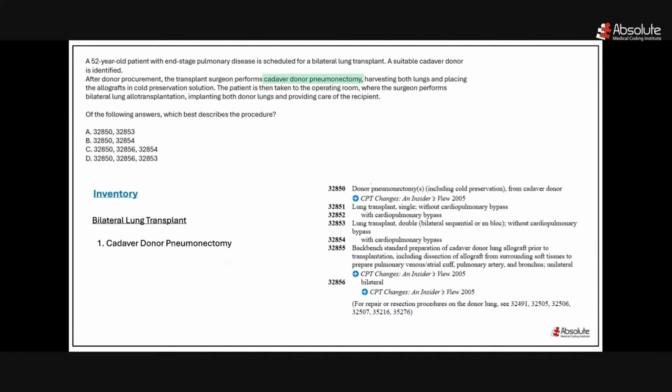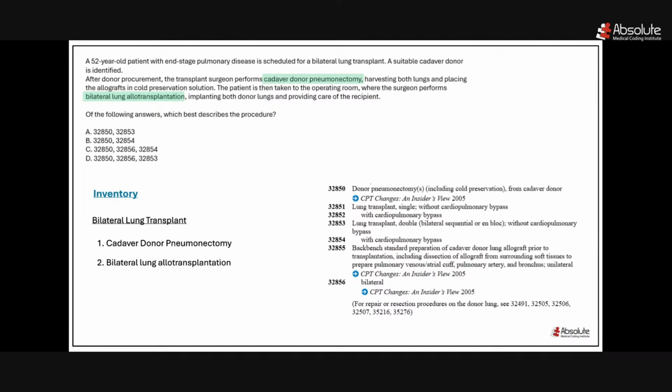What is the next procedure? The next documented procedure says that a bilateral lung allotransplantation was performed, right? After the cadaver pneumonectomy, harvesting of the lungs was done by placing the allograft in a cold preservation solution. Placing this in a cold preservation solution is already included in your donor pneumonectomy code, right? And after that, the surgeon performs a bilateral allotransplantation procedure.